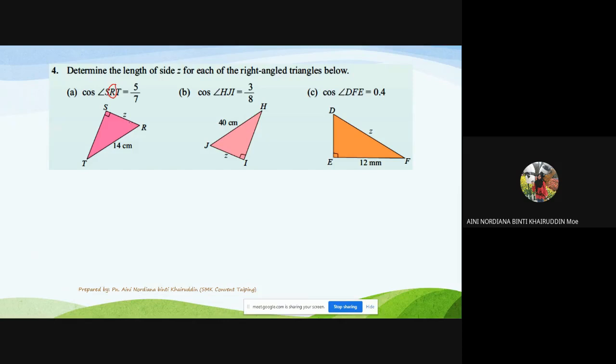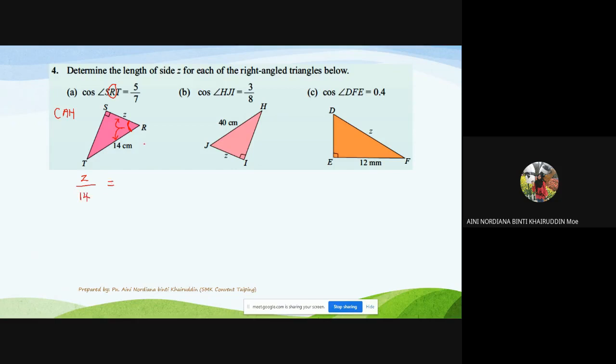So mark the angle first. So this is R. Cos is CAH, adjacent over hypotenuse. Adjacent is Z. This is hypotenuse, 14.